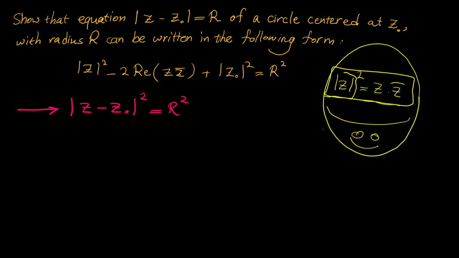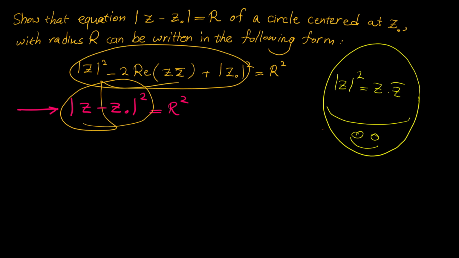Whenever we have modulus of a complex number to the 2, we can relate it to the conjugate by this equation. So modulus of z to the 2 is always z times z conjugate. This is a very famous and important identity. Here I want to use this important relation in complex numbers to convert this to this form.